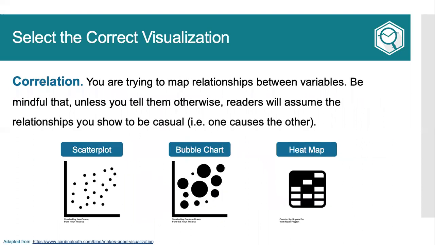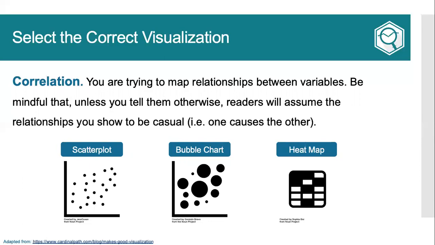You can also show correlations within your data. So this is when you want to map the relationship between 2 variables in your data. So perhaps you want to show perceptions of the United States as it relates to the age of your participants. Though I have to, of course, caution you that you always need to be very mindful.